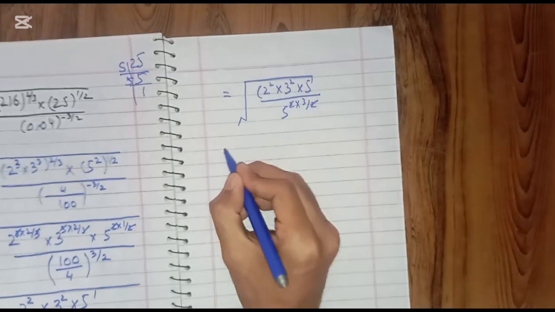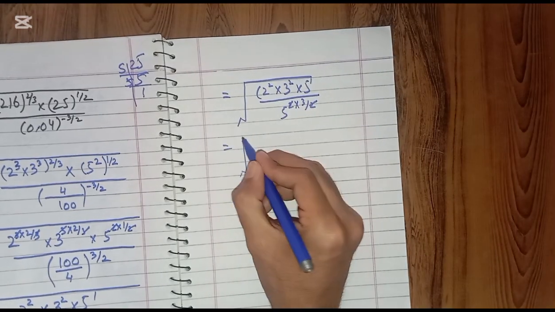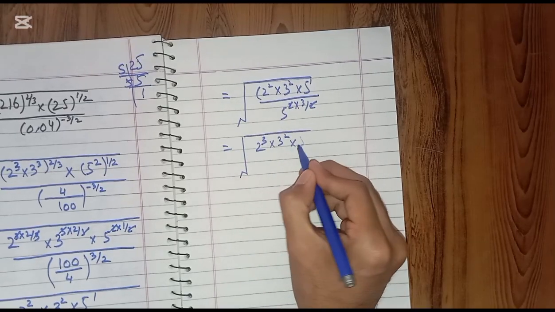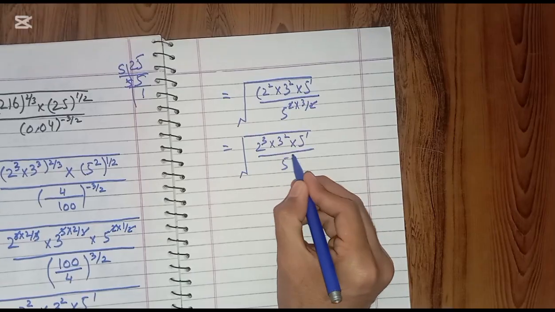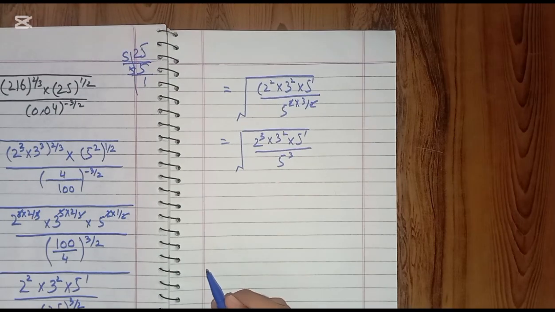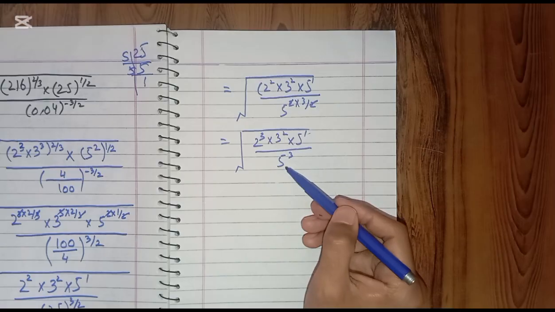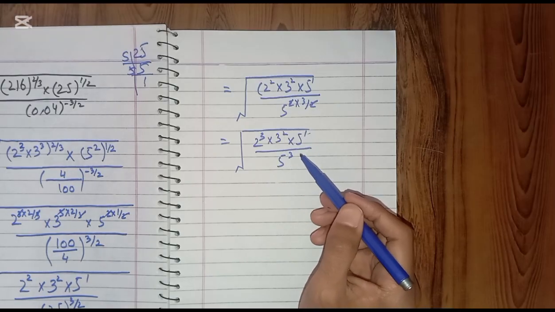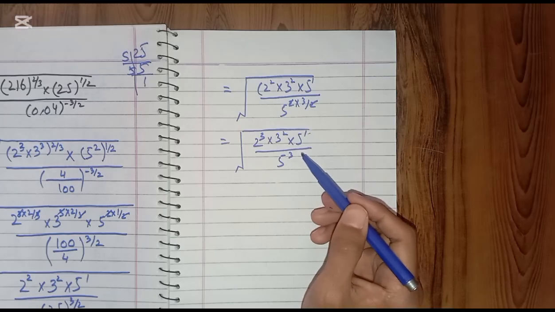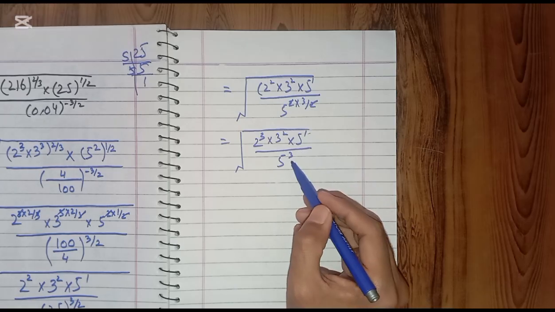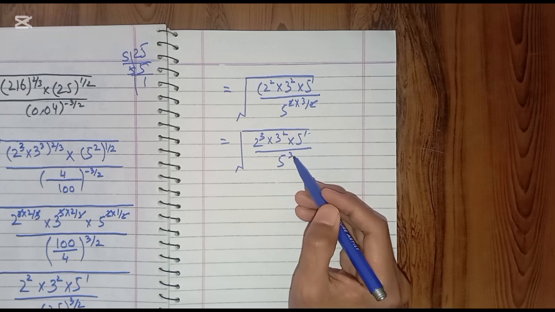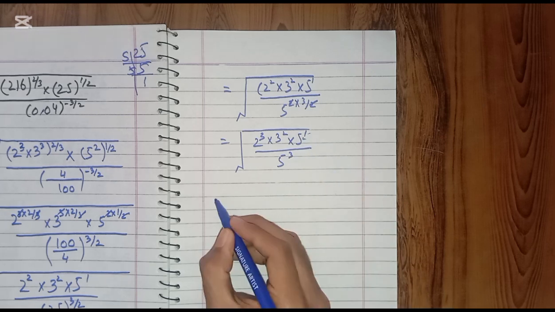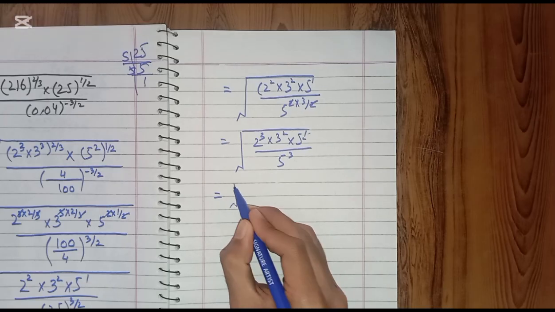These two cancel with these two, and then we only get 5 power 3. And we know that if the bases are the same and we are dividing, then we can subtract their powers. 3 is a greater number than 1, so we do not move 3, we only move 1 because it is the smallest number. 3 remains there.